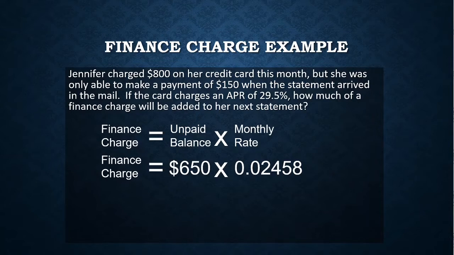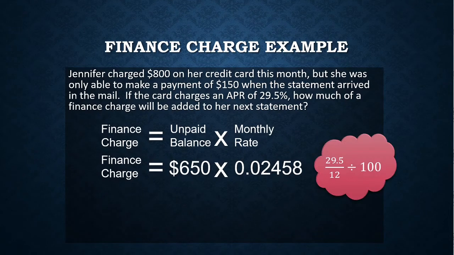The monthly rate is going to be 0.02458, and we got that by taking the 29.5% interest rate, dividing it by 12 to give us that monthly interest rate, and then to convert the percent to a decimal, we have to divide it by 100 again. You could also just take the 29.5 divided by 1,200 and it would be the same thing.